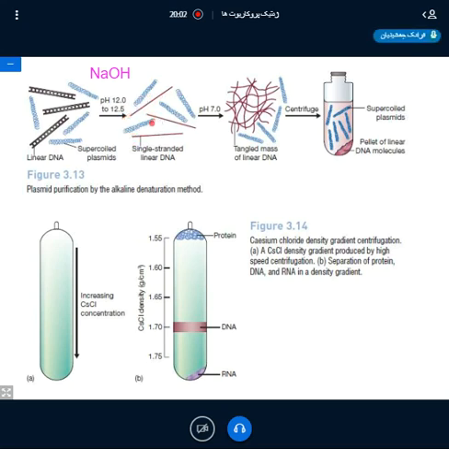But the supercoil DNA, because this is supercoil and so intense, didn't denature. So the supercoil DNA remains intact, but the linear DNA denatures into single strand DNA. Okay, after that we add some acid.